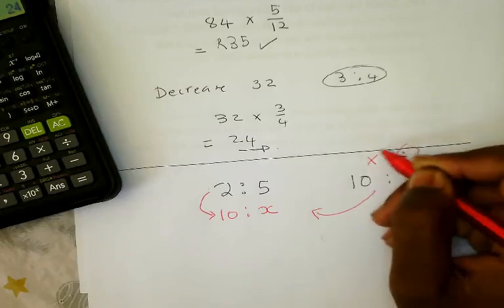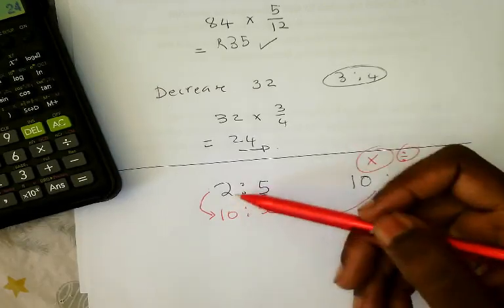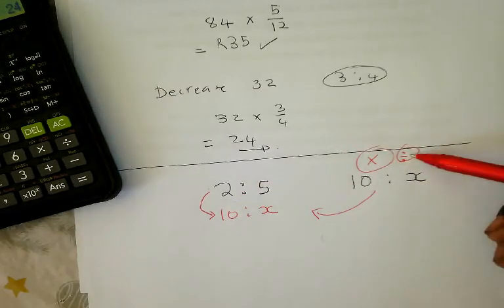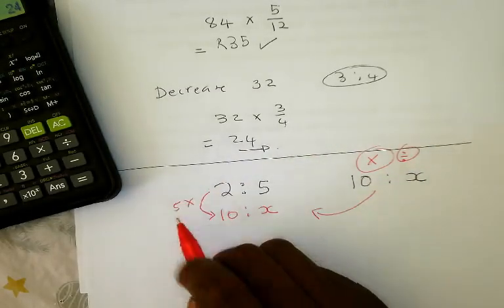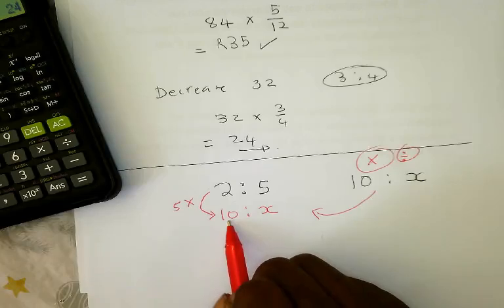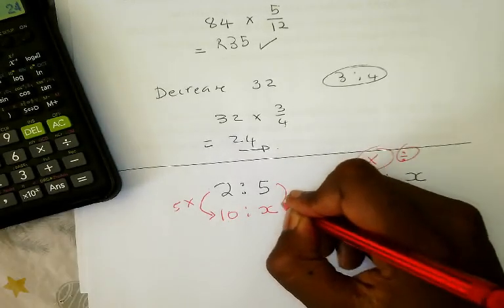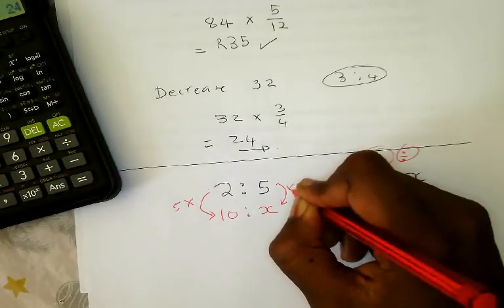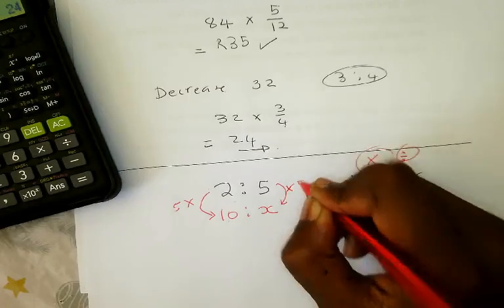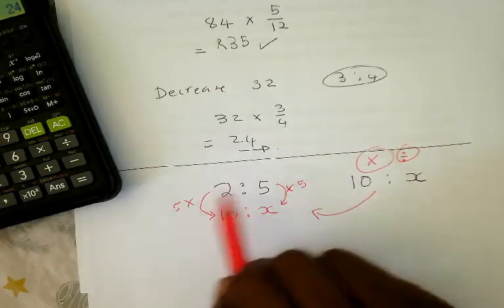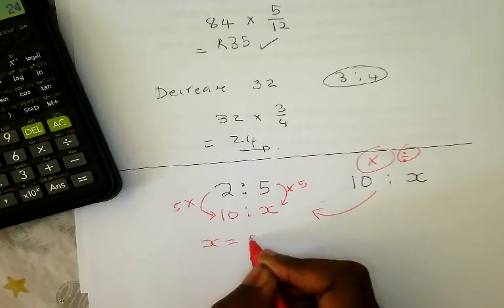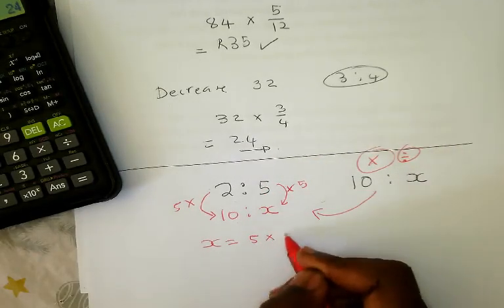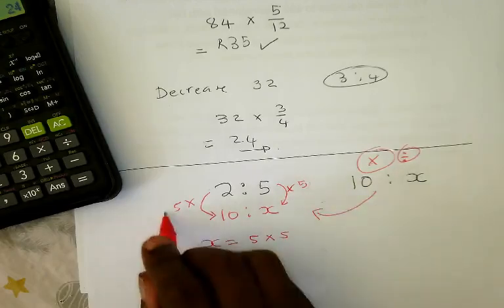By 5. 5 multiplied by 2 will give us a 10, meaning if I'm looking for this, I have to do what? Multiply by the same number. So what you do to this side, you must do to that side. Meaning the value of x is 5 multiplied by 5, because we're multiplying both sides. So the answer there is 25. Hope you all get it.